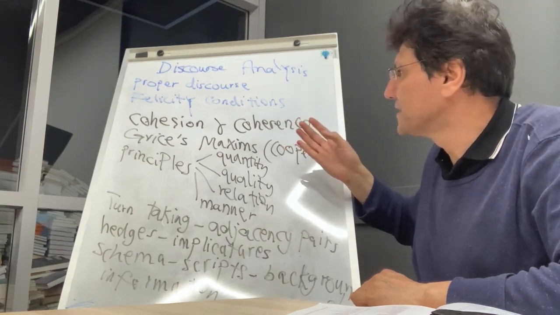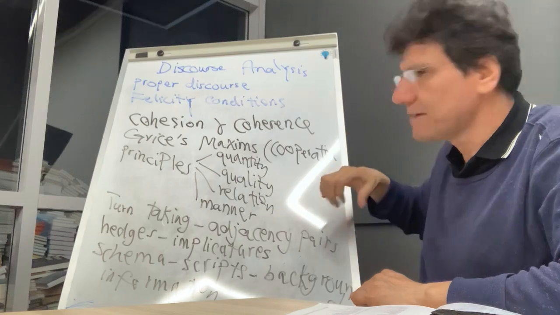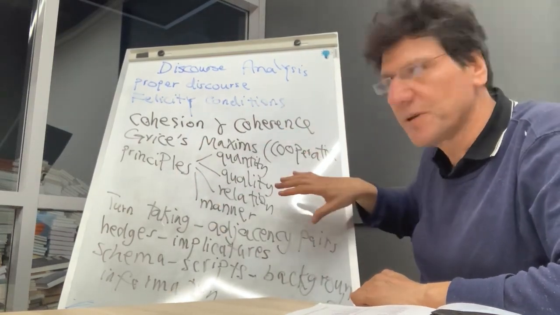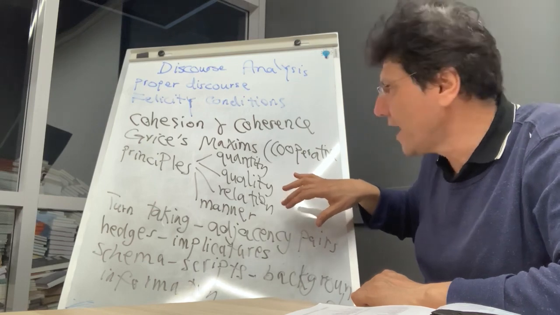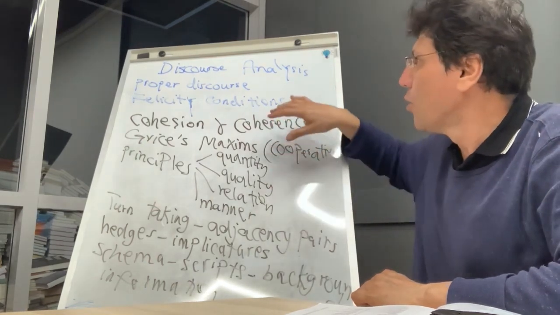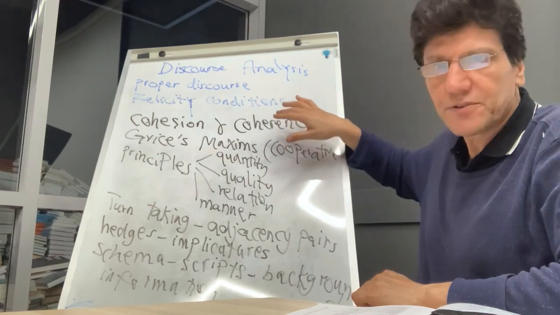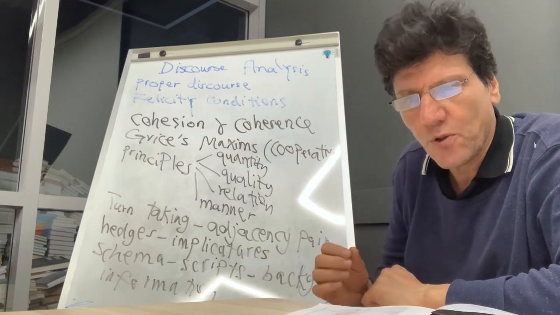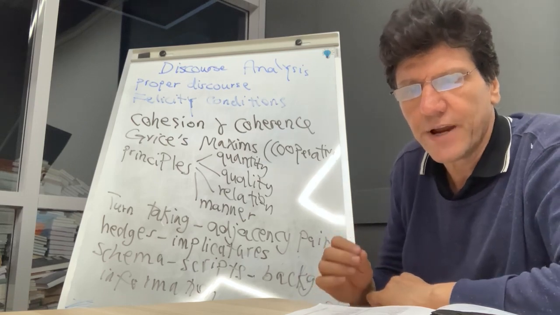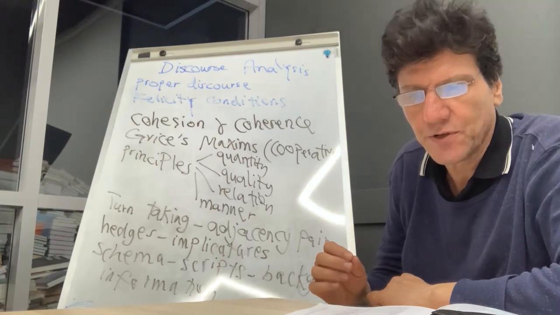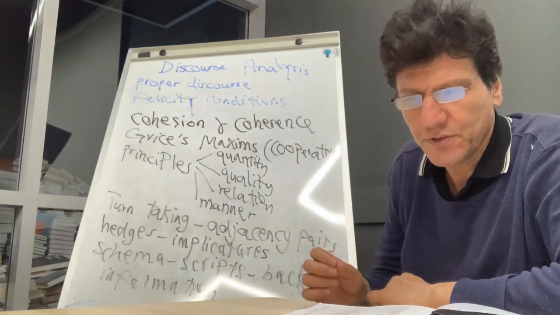Now, as you see here, I'm posing some questions like, what is proper discourse? What are felicity conditions? In fact, all these components, all these concepts encapsulate the concept of felicity conditions or proper discourse. So felicity conditions are the essential conditions or elements of a successful communication or a proper, appropriate discourse.